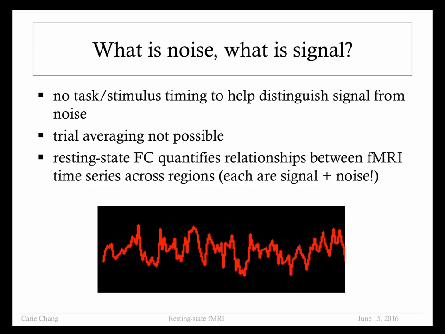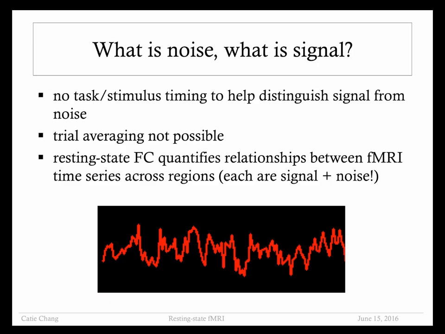In general, telling noise and signal apart is a problem for all kinds of fMRI studies, but in resting state there are a few things that make some aspects trickier. One is that we don't have timing information about events of interest to help us distinguish the signal from the noise, and we can't do anything like trial averaging on the time courses.